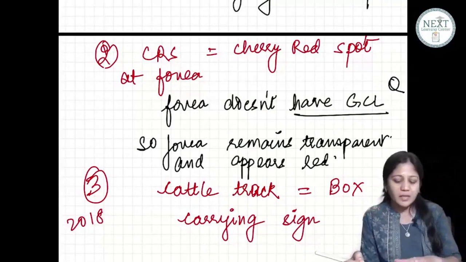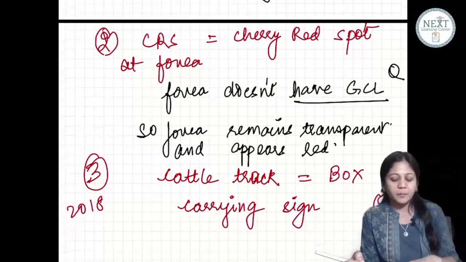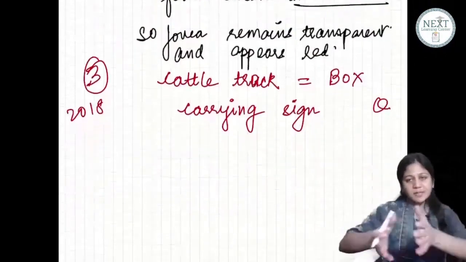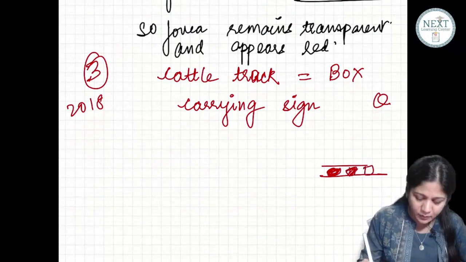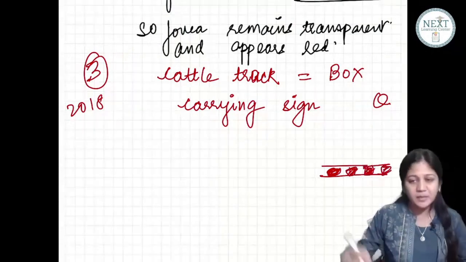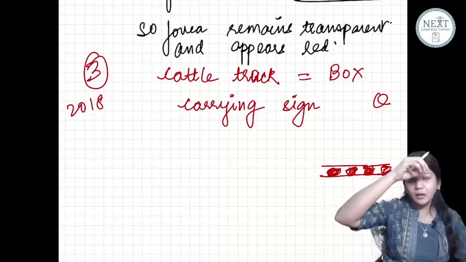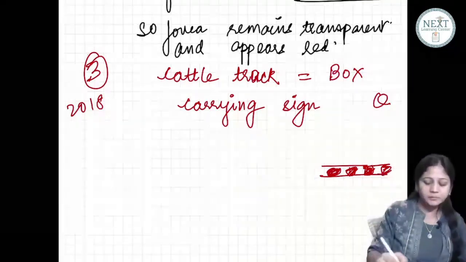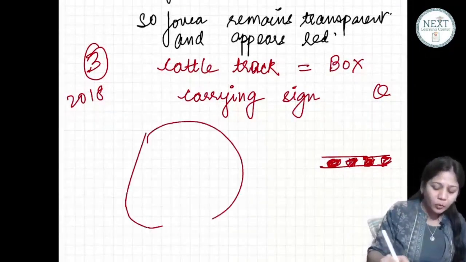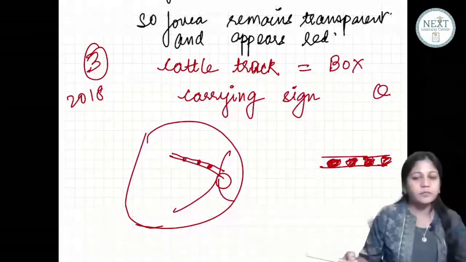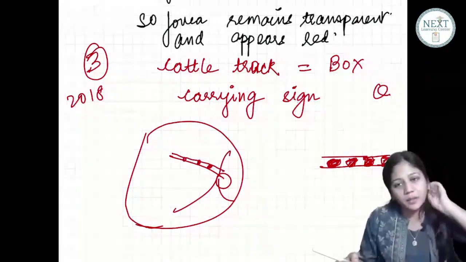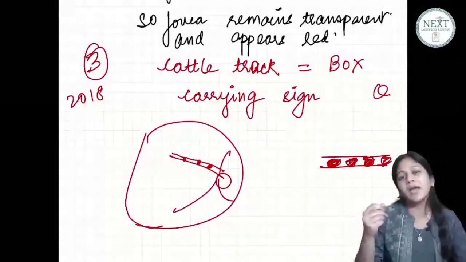Now what is this box carrying sign, friends? Box carrying. Suppose boxes are going along in a line, loaded together; the appearance will be something like that. Or it also appears as if it is a track of cattle. So what is this sign? Let us see. Now guys, when you have the embolus, you will see in some of the vessels there will be a segmental blood flow, and the segmental blood flow appears as if it is box carrying or a cattle track.